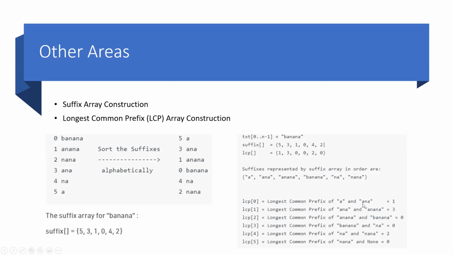So they both have A, and then they don't have N, like this one has N, but this doesn't have anything after it, so they just both start with A, so it's just one. And then ANA and ANANA have the first three characters in common, so 3, and then it just keeps doing that. So this is a related area to suffix trees.